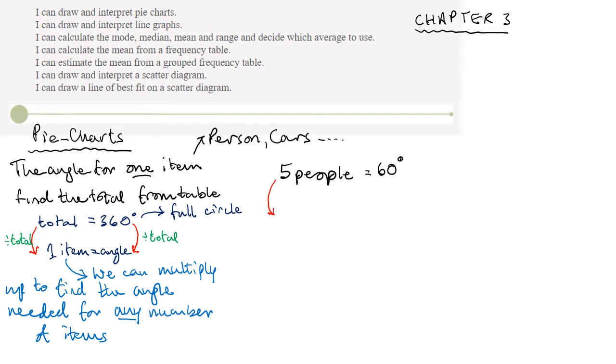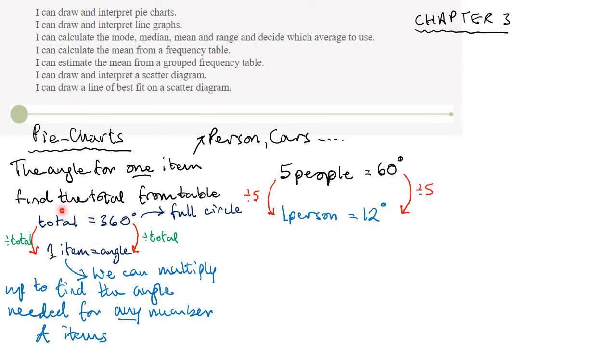We want to work out the angle needed for one item or one person, which means dividing by 5. So one person, 60 divided by 5 is 12. One person is 12 degrees, and that's pretty much the same as what we did in the previous bit. One item equals an angle, so it works out in the same way.